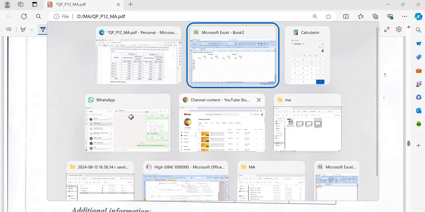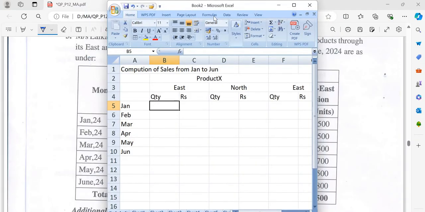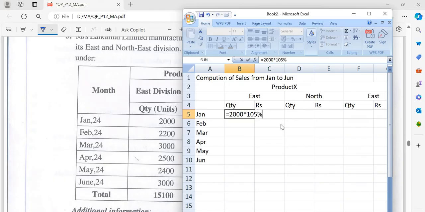First I want to incorporate this 5% increase for product X in East division. So 2000 into 105 percent, as the percentage is increasing.